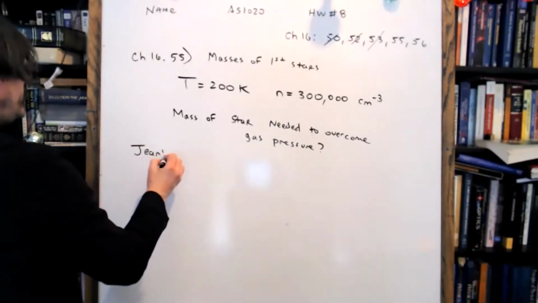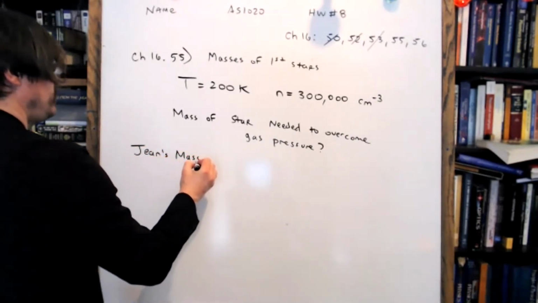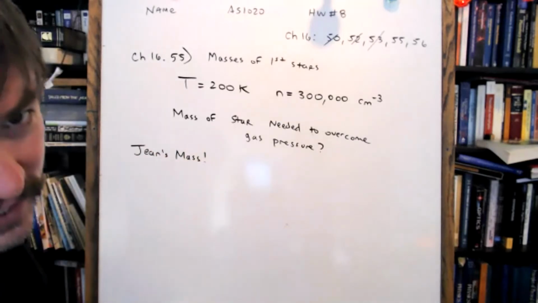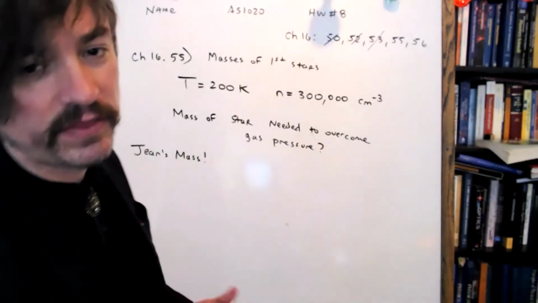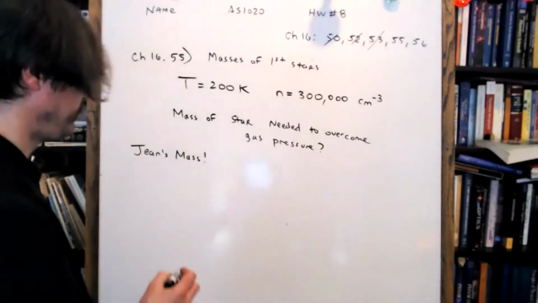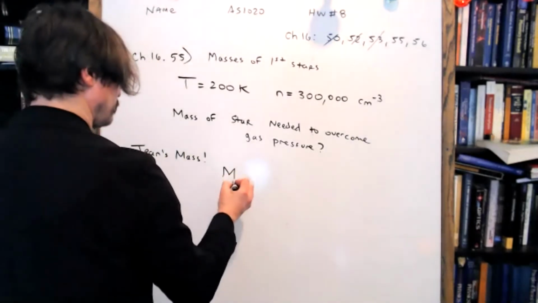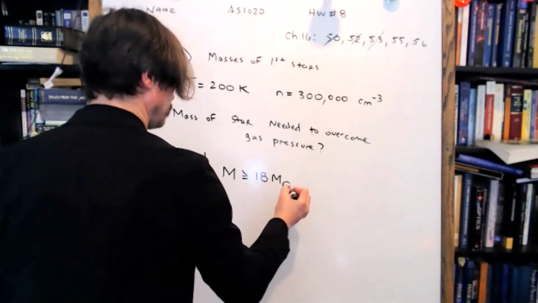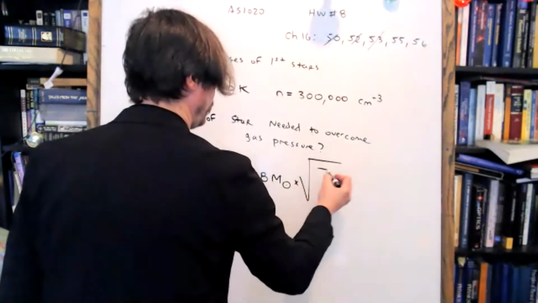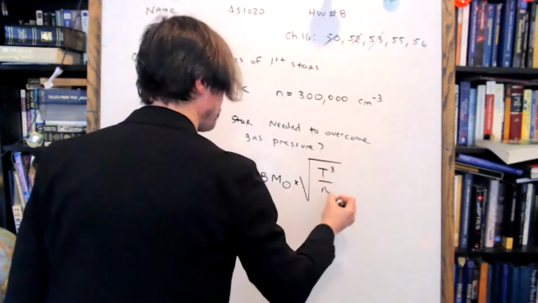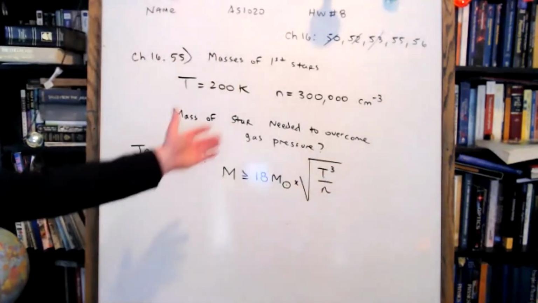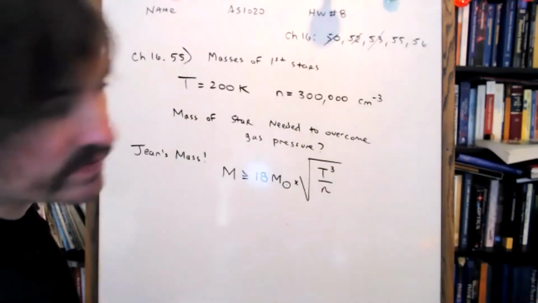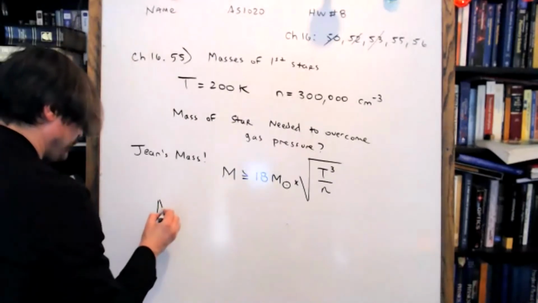No. This is the Jeans mass, right? So it's 18 solar masses times the square root of T cubed over the number density. And we already have the right units, so we just have to plug it in. That's all we have to do.